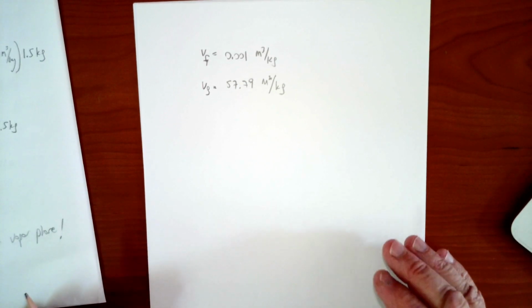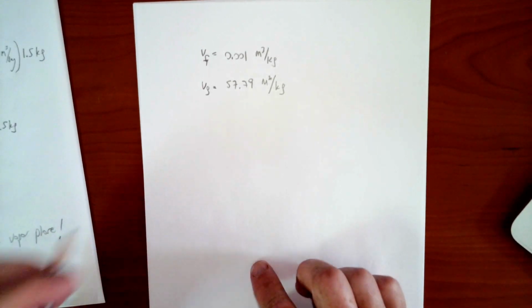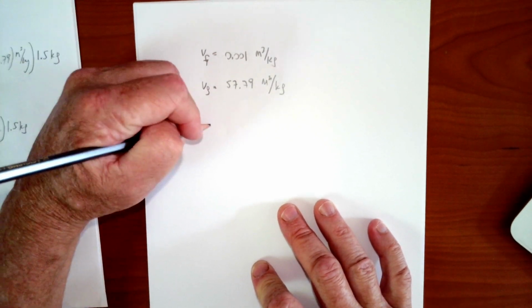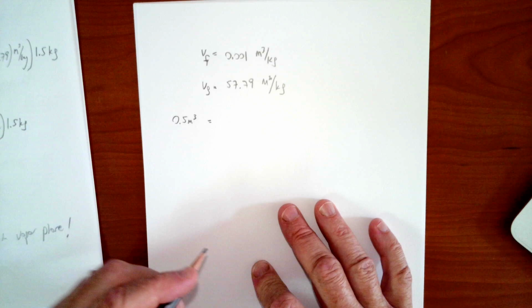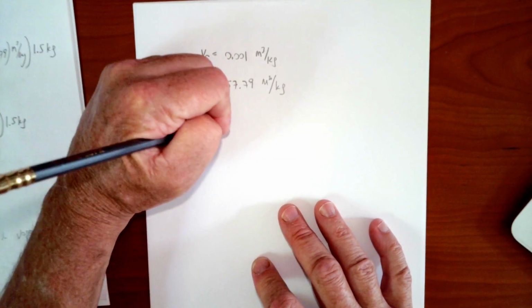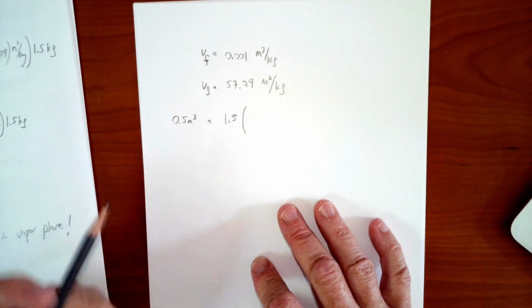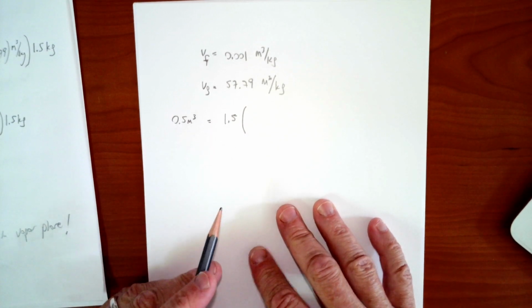We also know the total volume in the tank. The total volume in the rigid container is 0.5 meters cubed. That has to be a combination of the volume of the liquid and the volume of the gas, and you know how to do this from thermo.